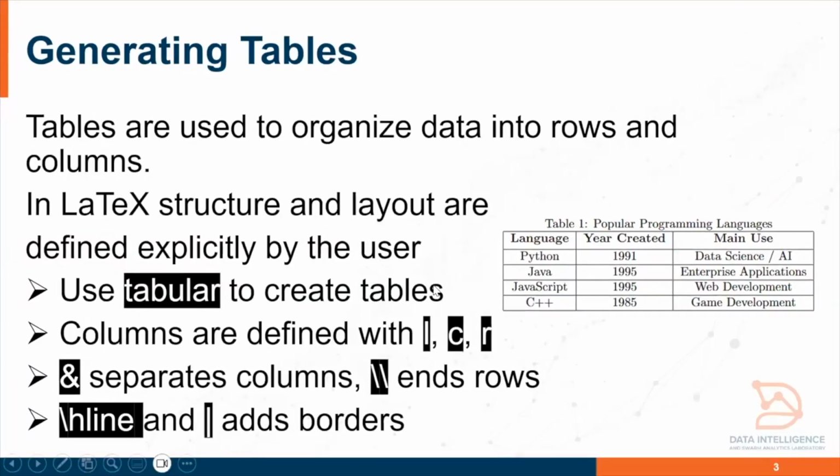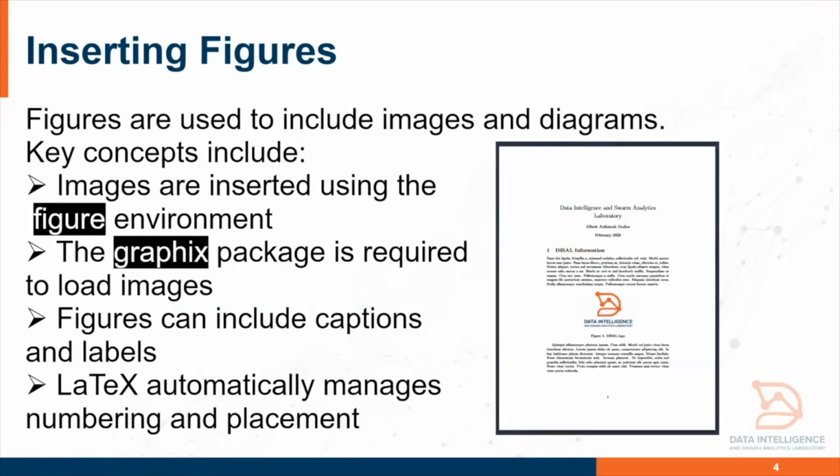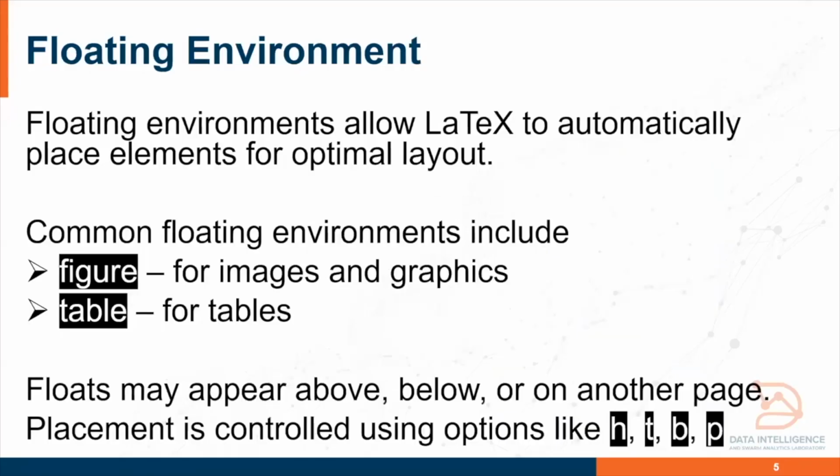Okay. So you are done with generation of tables and with inserting figures. Now, whatever I've discussed with regards to tables and figures and where we want them to be boils down to the floating environment, which I've mentioned previously.